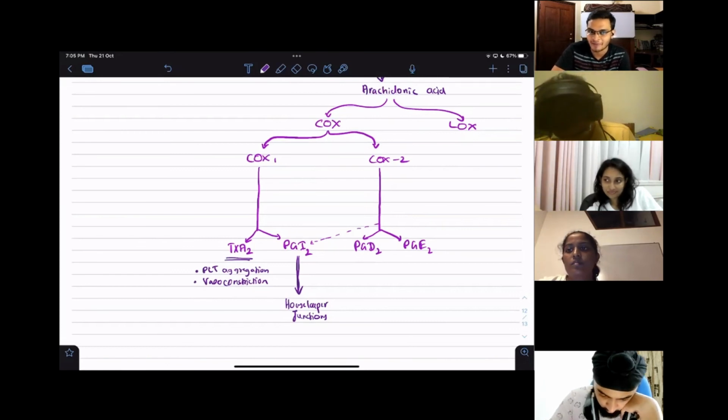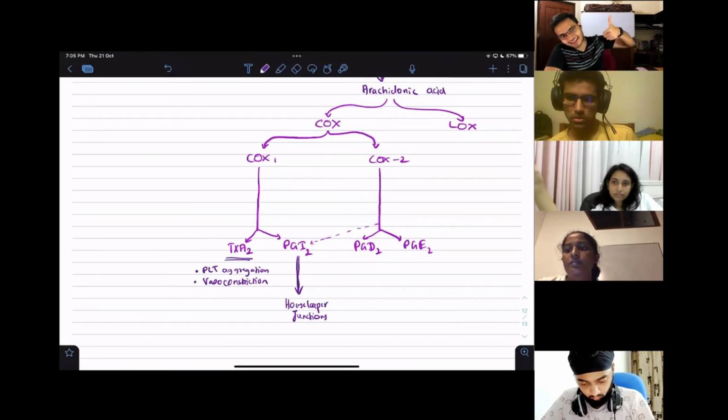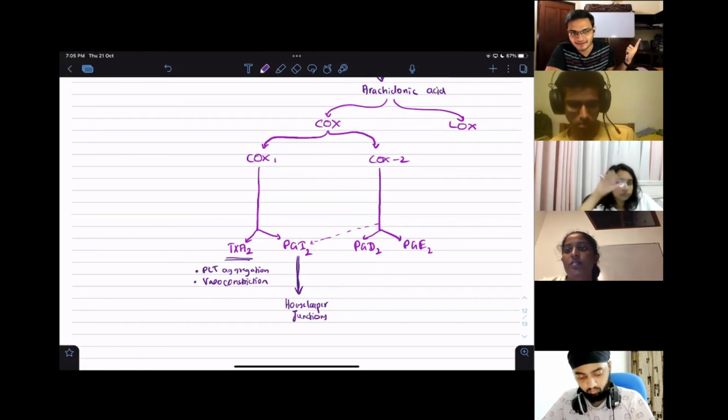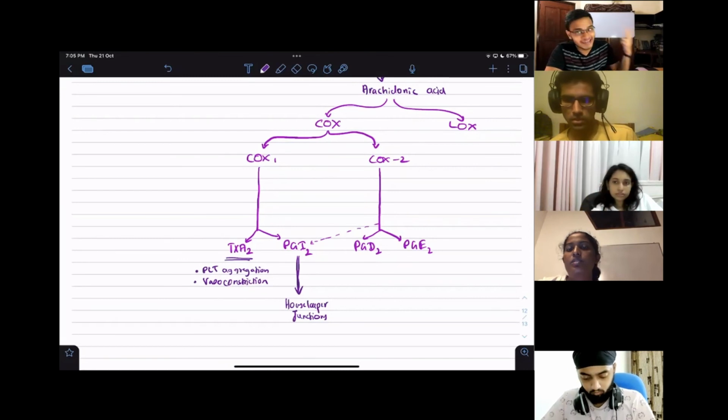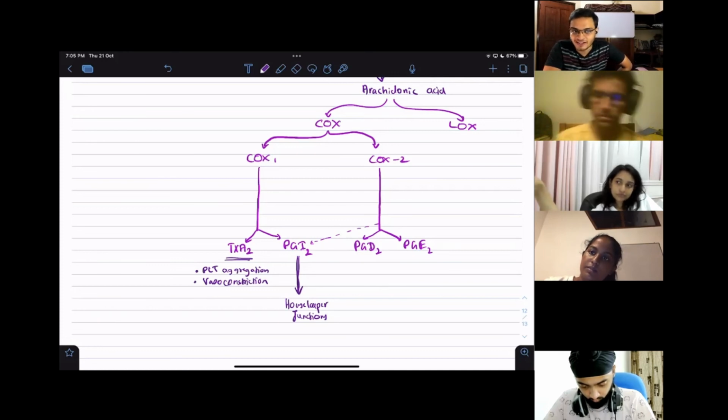Does anyone remember? These are basically gastroprotective mechanisms. What does it do? Mucus production. Yes, increased mucus production, increased bicarbonate. What about the acid? Reduced acid production. Yes, reduced acid. Then what about the mucosal blood flow? Increased mucosal blood flow. I hope you all remember.